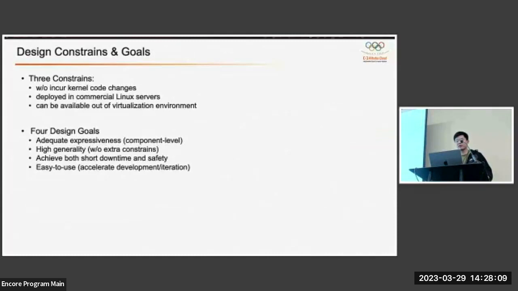Expressiveness means supporting component-level live update. High generality means without actual constraints such as microkernel or VM and so on. At the same time, achieve both short downtime and safety, and easy to use. It should be easy to use for the development.